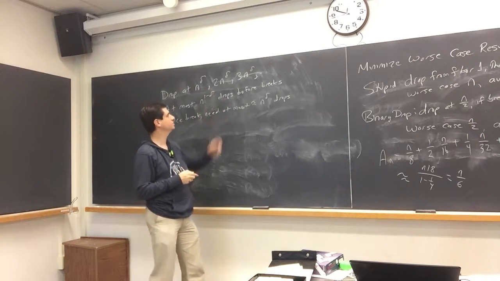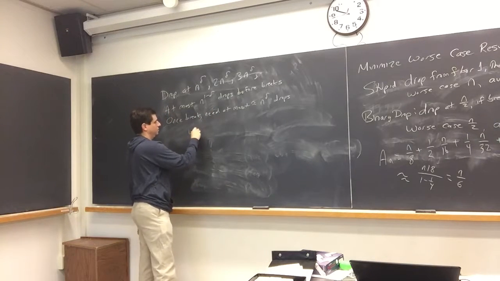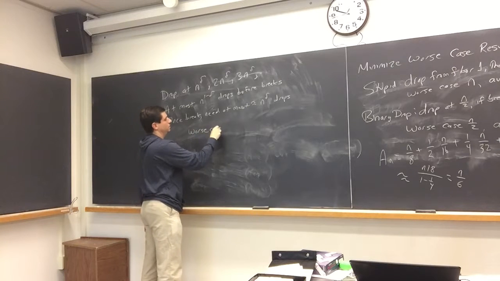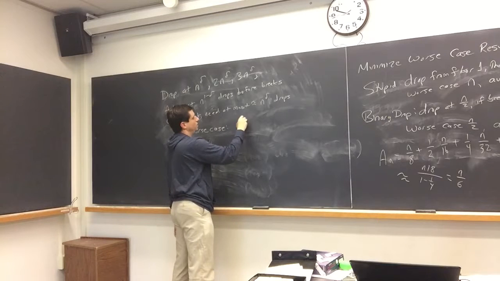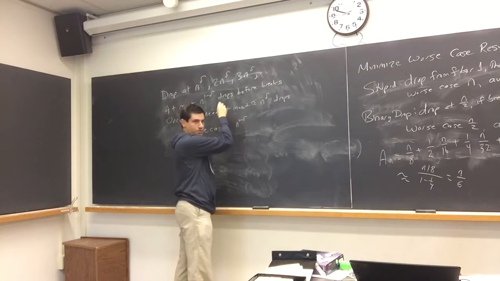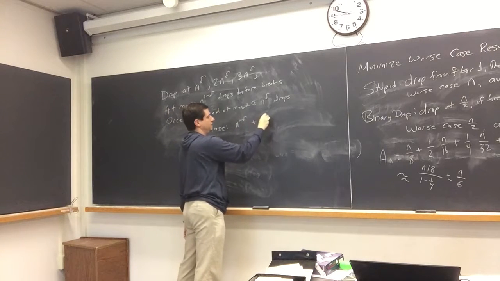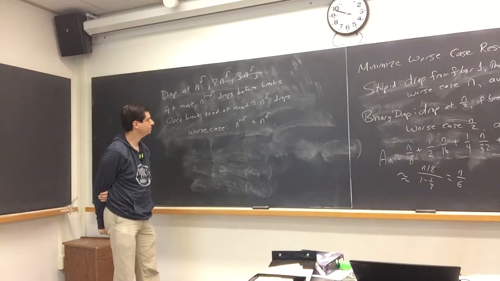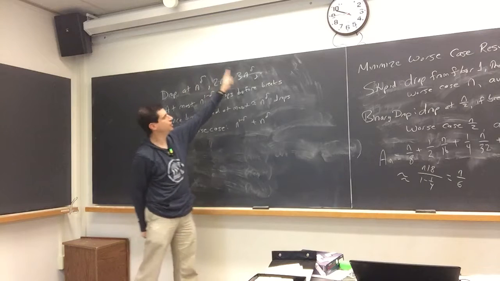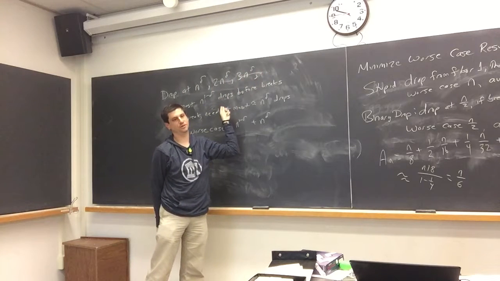So the worst case would be we do something like n to the 1 minus delta drops, and then we add n to the delta. Why n to the 1 minus delta drops? It's not until the very last one that we get our first break.